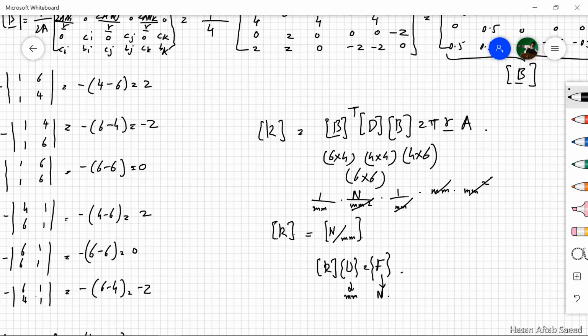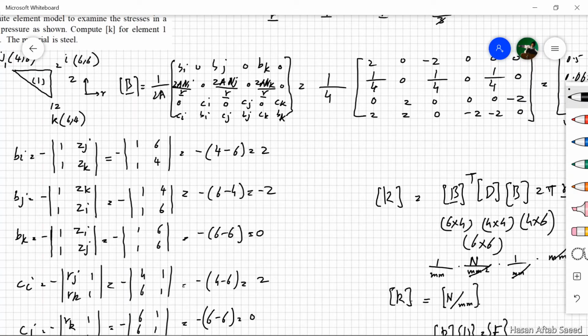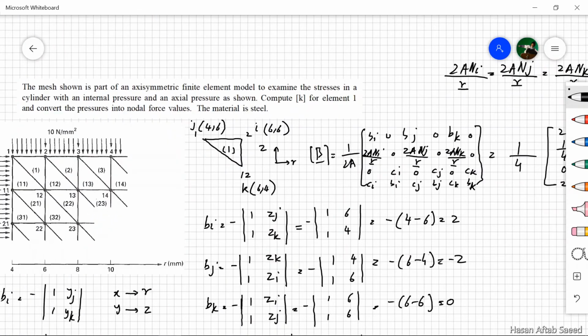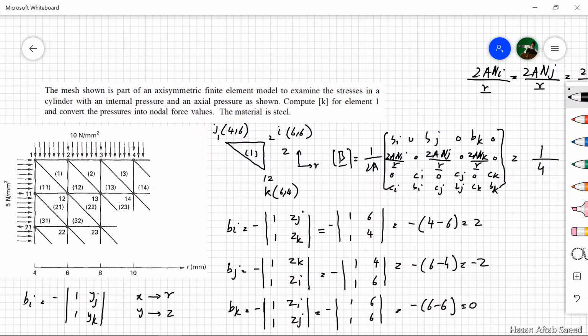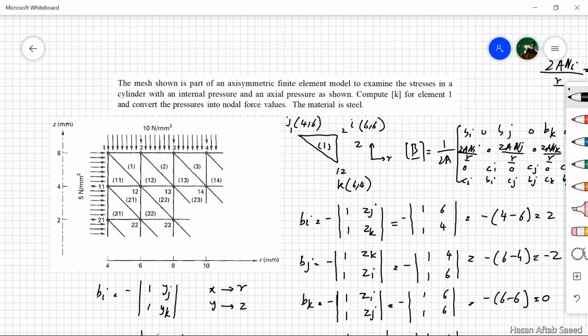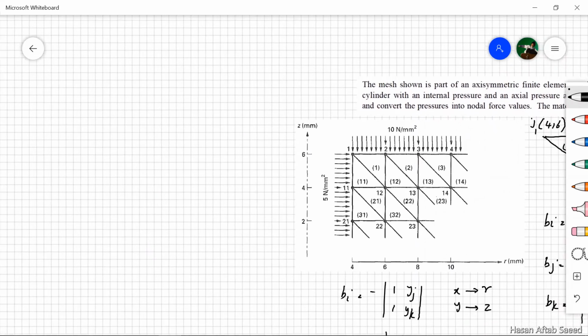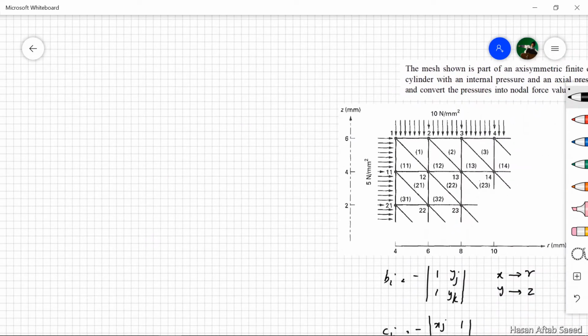Now let's focus on the second part of the problem. We need to convert the pressures. There are two pressures given: 10 Newton per square millimeter, and 5 Newton per square millimeter. So let's convert them to nodal forces.